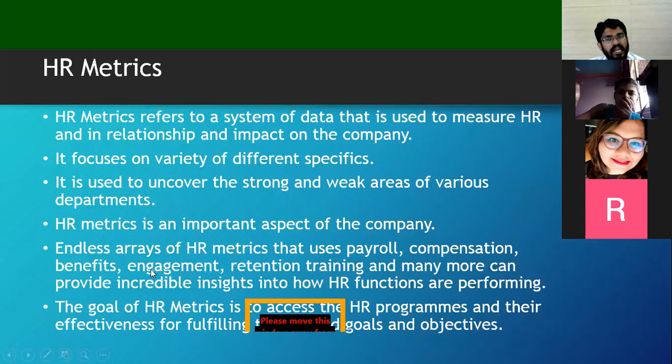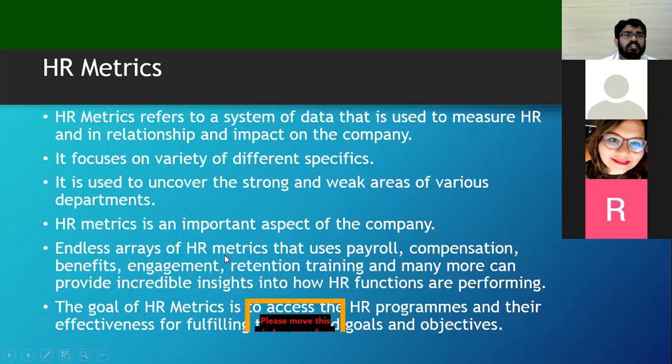Then, endless arrays of HR metrics that cover payroll, compensation, benefits, engagement, retention, training, and many more can provide incredible insights into how HR functions are performing. As I said, HR metrics consist of different aspects of the HR system.